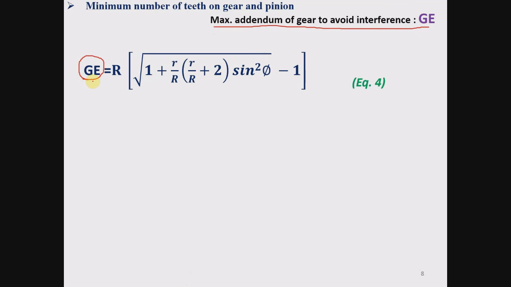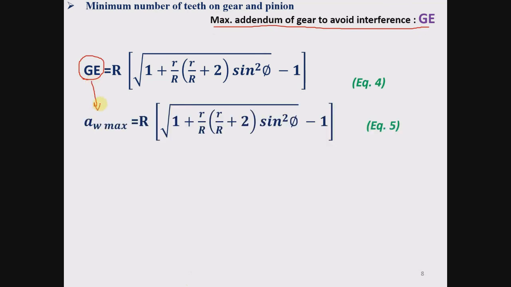Then instead of GE, what we will write? AW max. So rewrite this equation by writing AW max instead of GE. That means we have called GE itself maximum addendum of wheel, AW max, to avoid the interference.